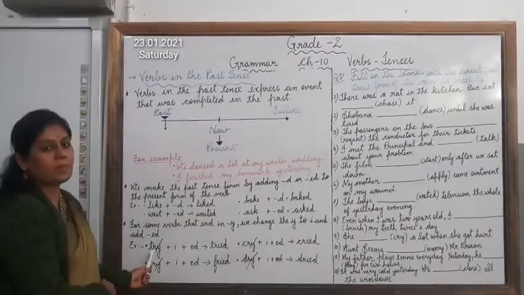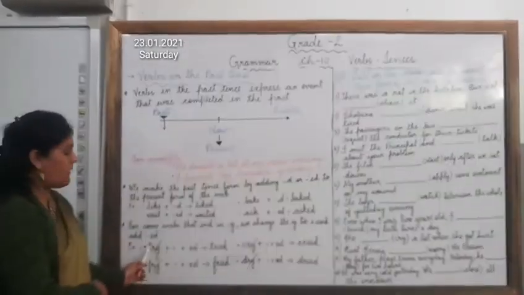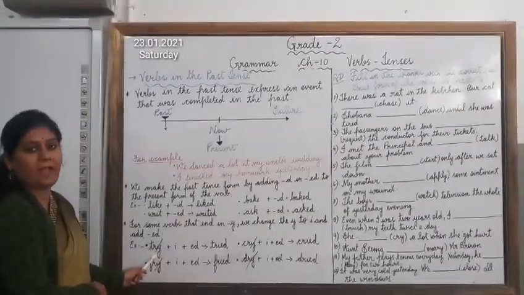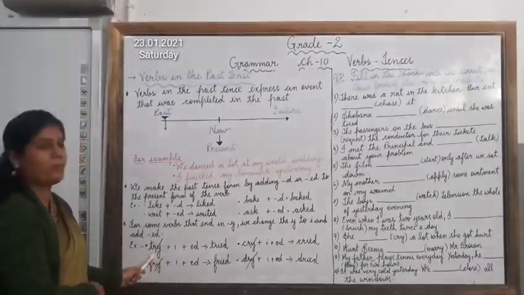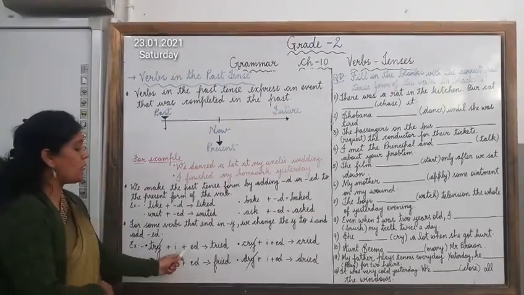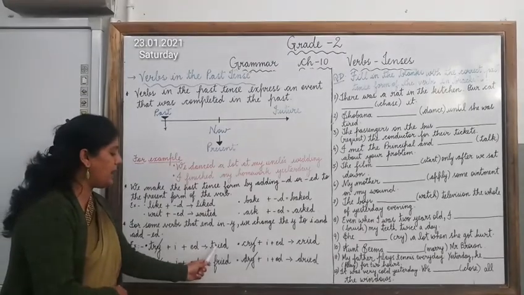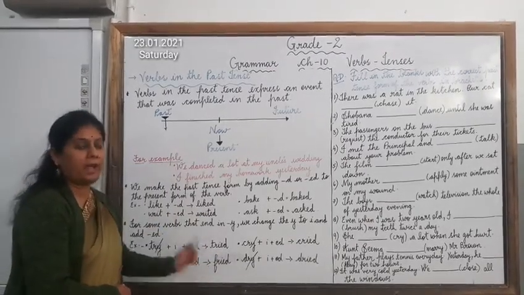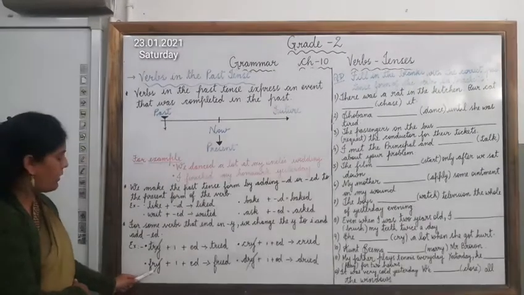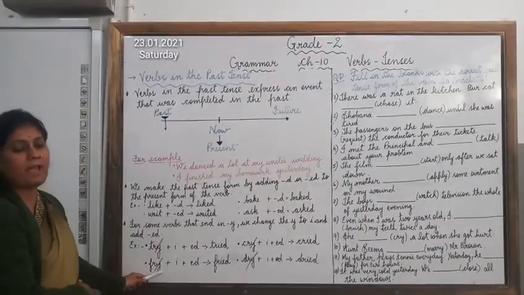Now here, try. When we add i, first we drop this letter y. Means we remove this y and instead of y we add i and ed. So the word will become T-R-I-E-D. Try it. Now here, another example is given to you. Fry. F-R-Y, fry.